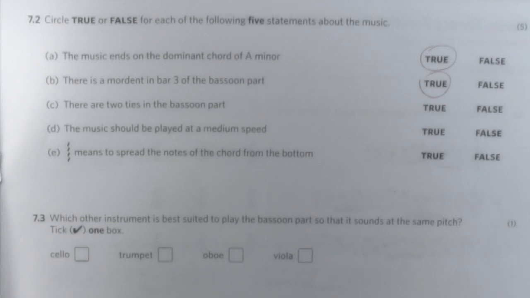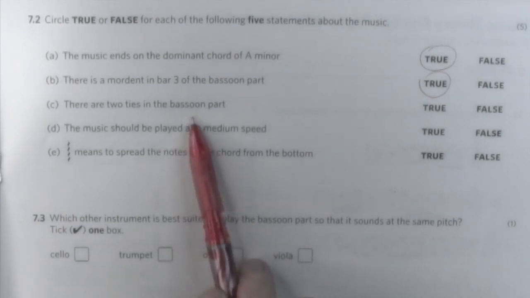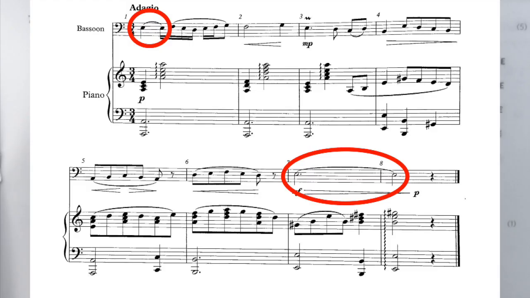So true. There are 2 ties in the bassoon part. Now the ties are these two basically. Yes, there are, because the other ones are slurs. And you can see that there is something that is similar to a tie in bar 3, the bassoon part.